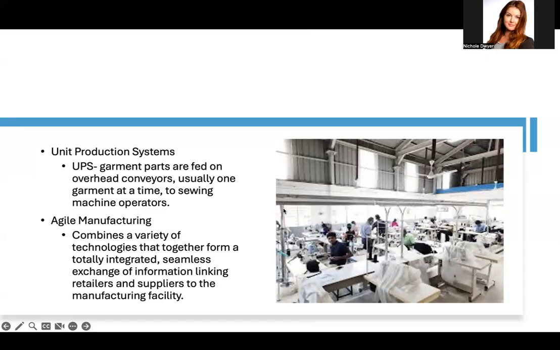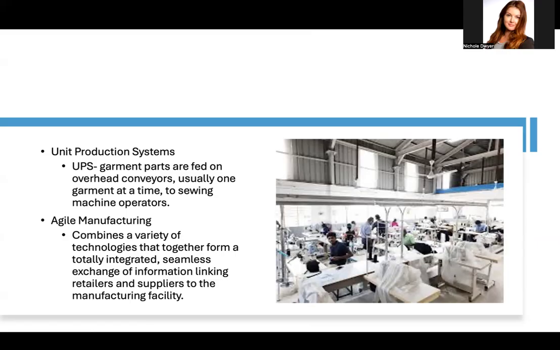They will hang their finished part, and then it'll be sent to another operator, so on and so forth until the garment is completed. And so it creates more of an efficient way of producing items at a faster rate, especially when you're considering mass production. And like I said, the equation of the labor costs associated with that.